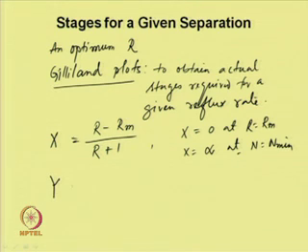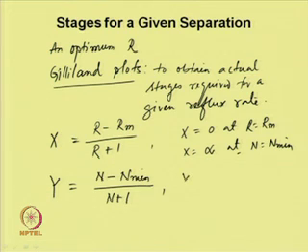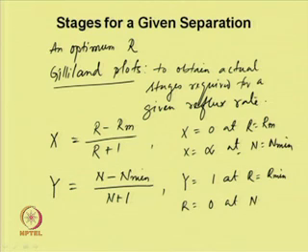So, Y is equal to N minus N mean divided by N plus 1. This ranges Y is equal to 1 at R is equal to R mean, and this is equal to 0 at N is equal to N mean. This way we can obtain the number of stages required for a given separation.